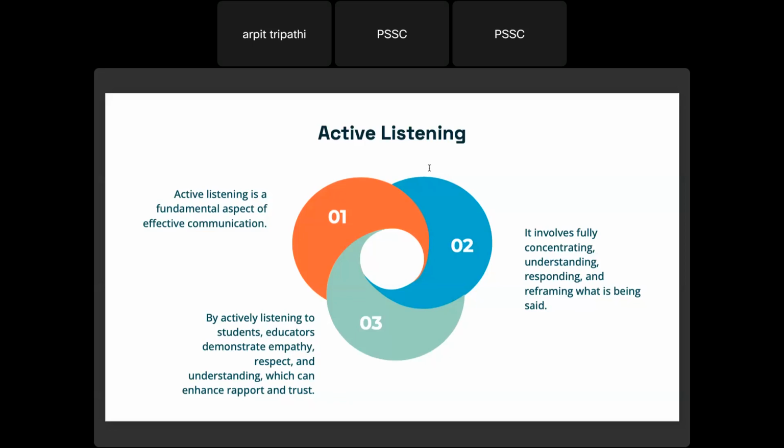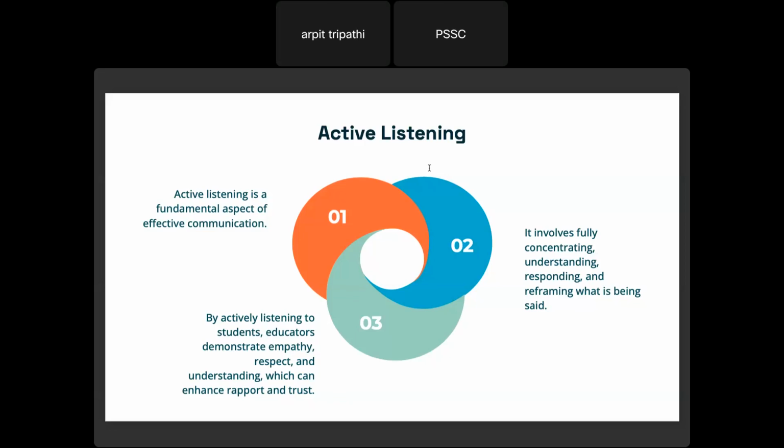By avoiding unnecessary details and distractions, educators can help students concentrate on the essential concepts, which facilitates learning and memory retention. So, this is very important.